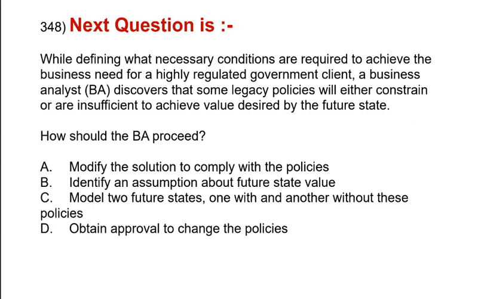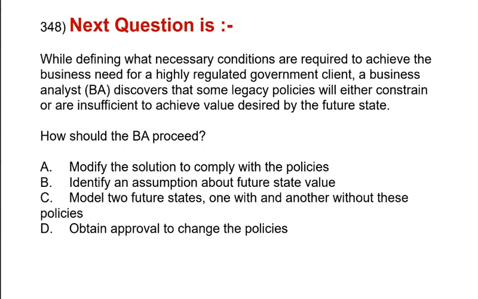Question is while defining what necessary conditions are required to achieve the business need for a highly regulated government client, a business analyst BA discovers that some legacy policies will either constrain or are insufficient to achieve value desired by the future state. How should the BA proceed?